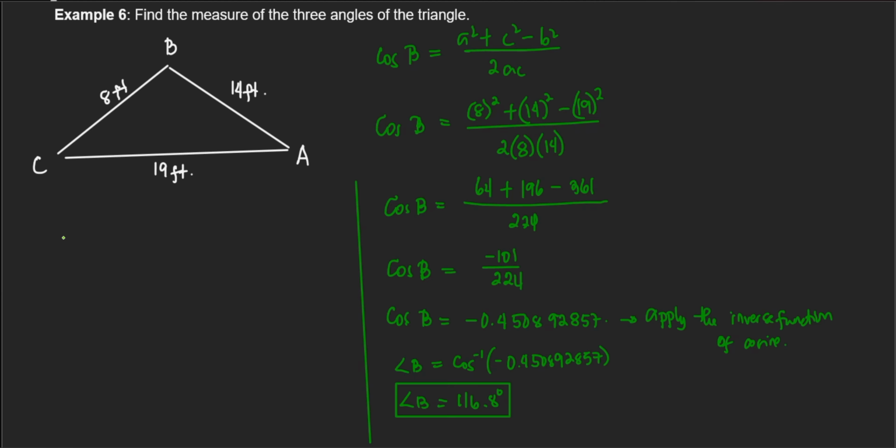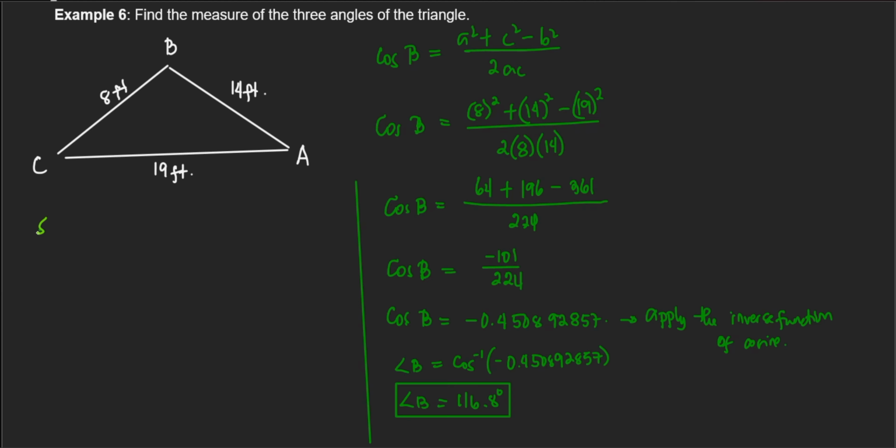Since meron ng value yung B natin, we can apply the law of sine para at least madali lang yung process. So, it's up to you. You can either use the alternative formula para ma-identify yung angle A or law of sine. But in this case, para madali lang, we can use the law of sine.